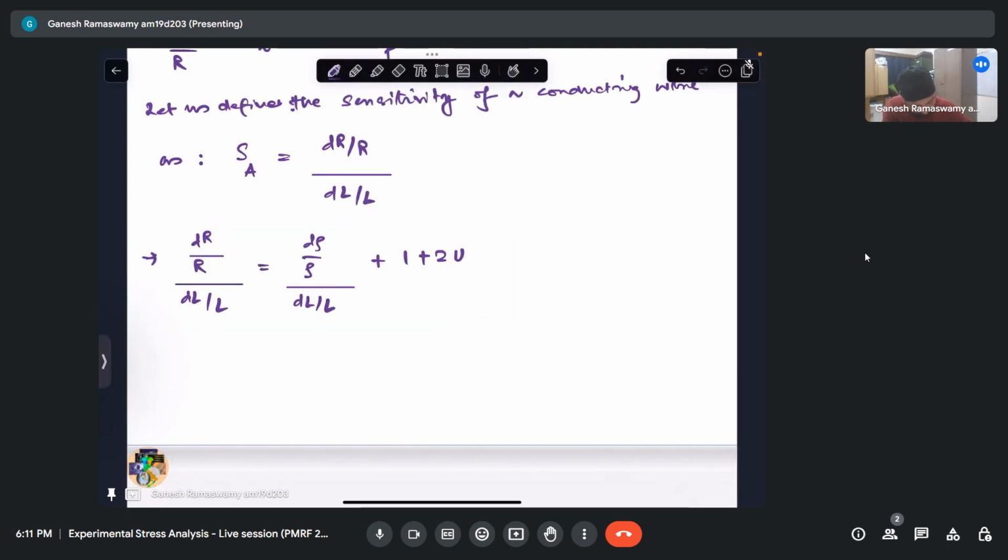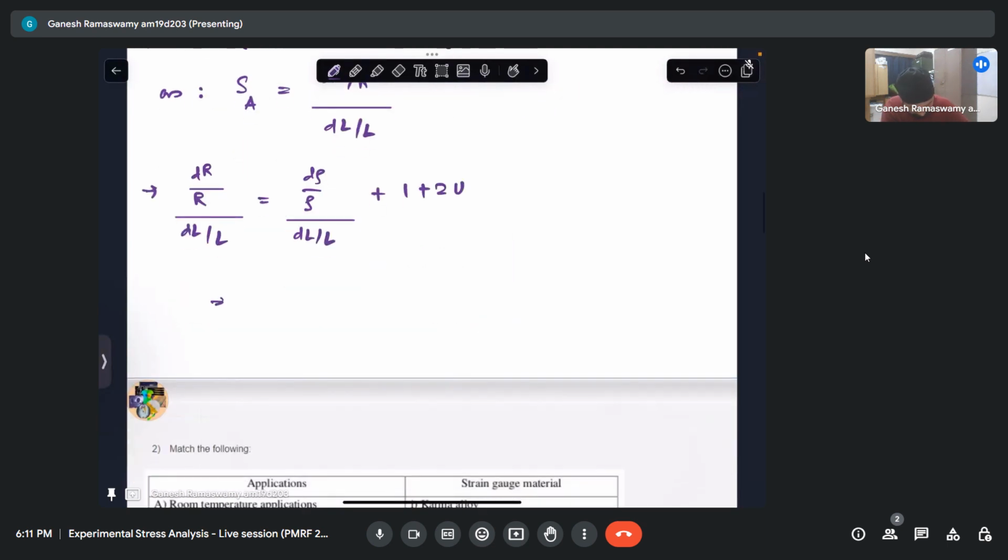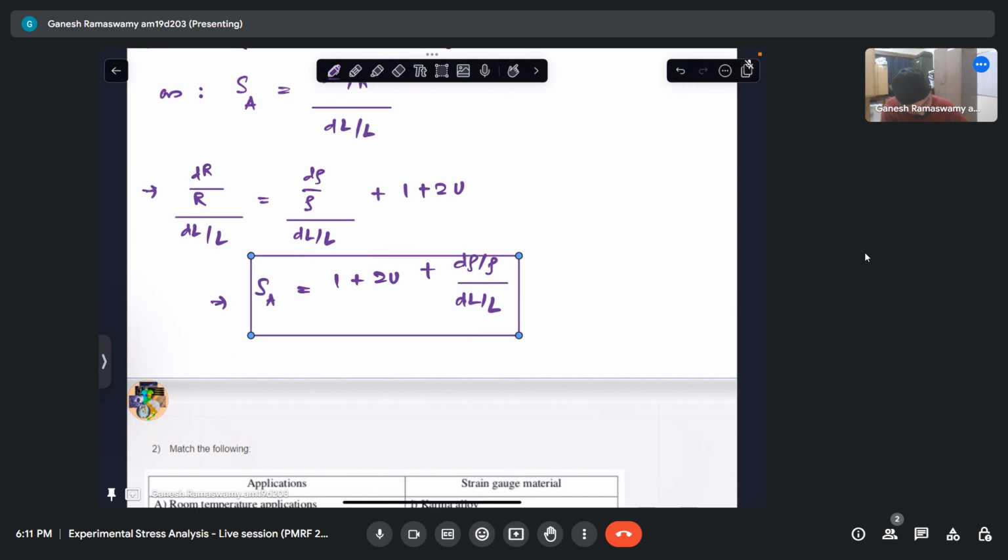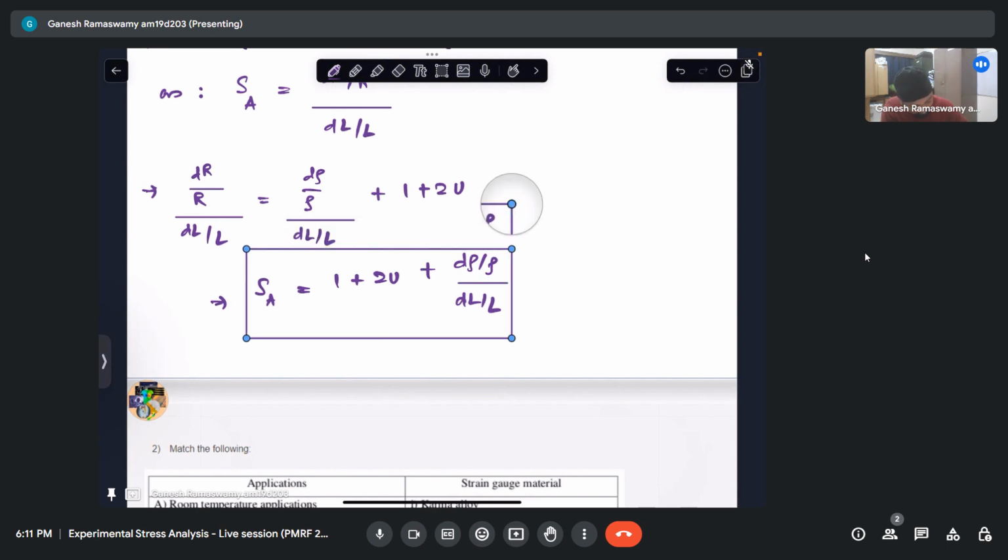Or rather, let me write this again, saying that this is the sensitivity of a wire. It gives me 1 plus 2 mu plus d rho by rho by dL by L. So this is the strain sensitivity of a conducting wire.